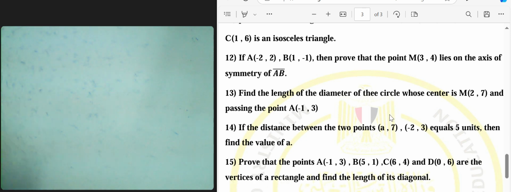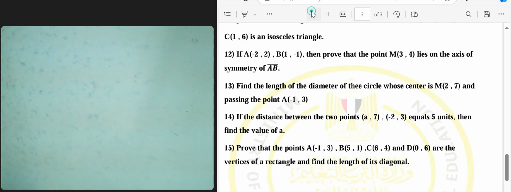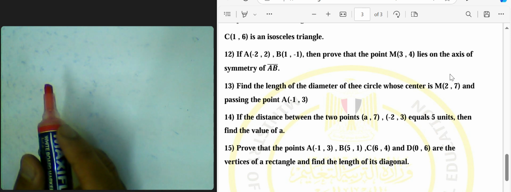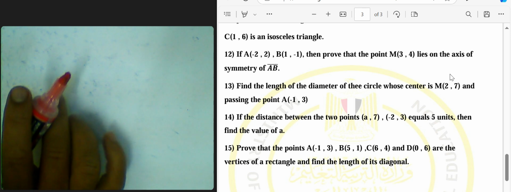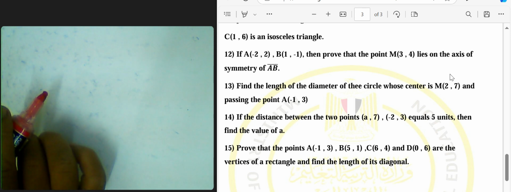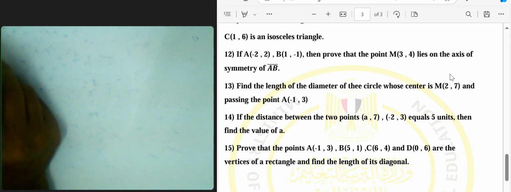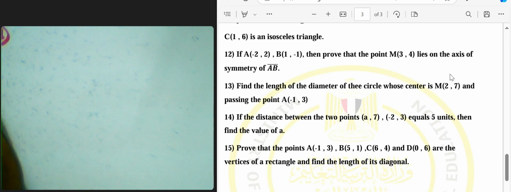Number 12. If A is negative 2 and 2 and B equals 1 and negative 1, then prove that the point M lies on the axis of symmetry of AB. Okay, he wants to prove that the point M lies on it.